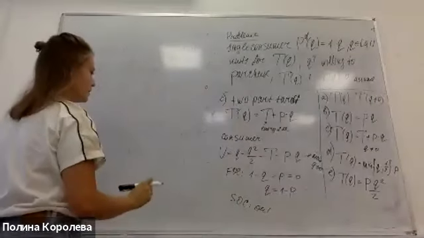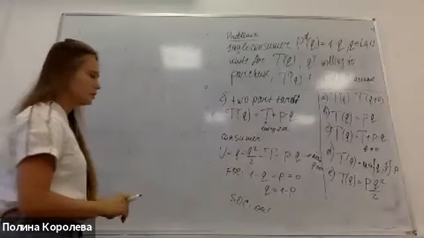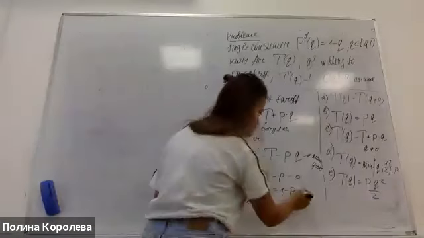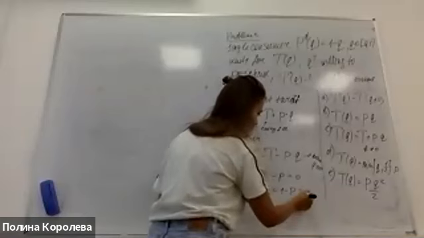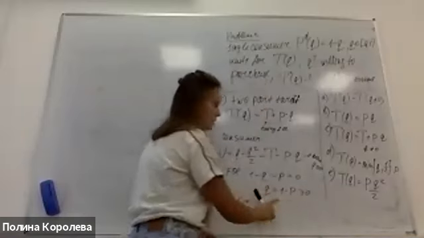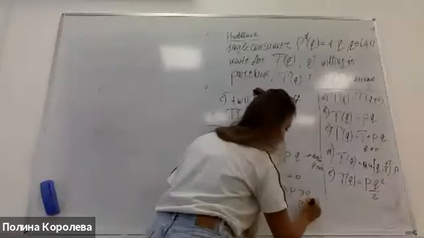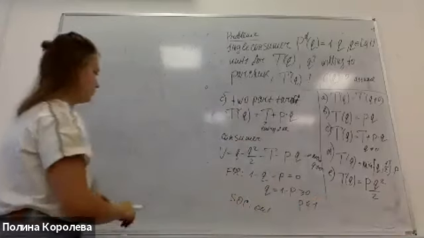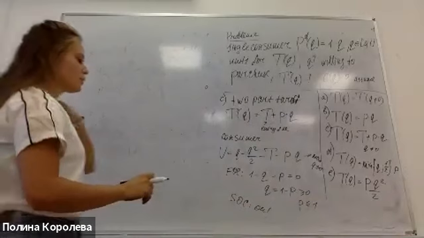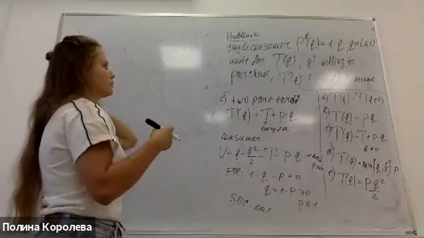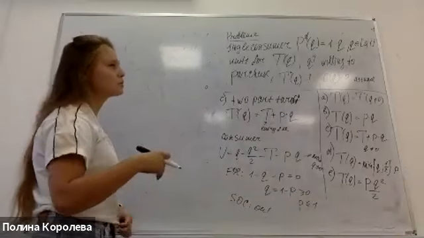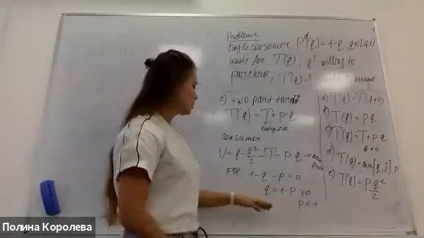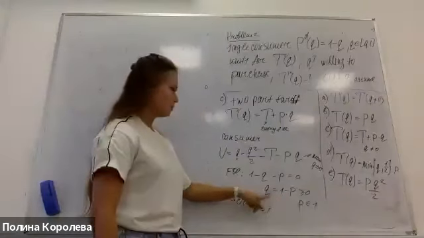Okay, and what can we say? First of all, this quantity should be greater or equal to 0. So this is true only for price less or equal to 1. Then, when is it reasonable to buy some amount?